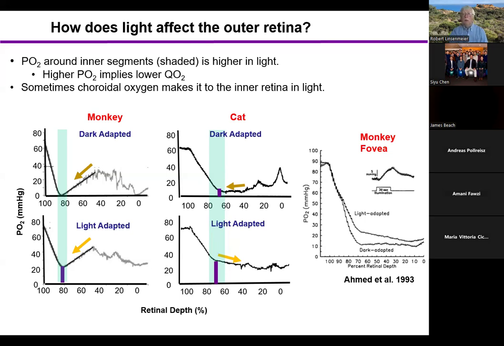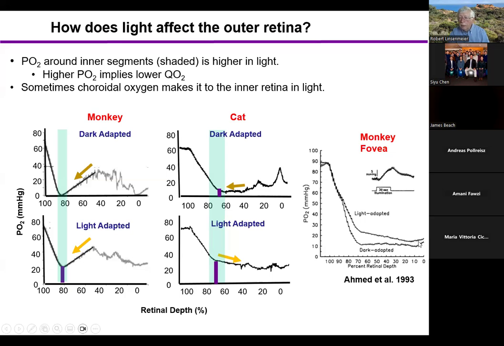You may be wondering what's going on in the fovea where there is no retinal circulation. It's been very hard for us to make measurements in the center of the fovea because, again, we can't see exactly where the tip of the electrode is, and it's going in on an angle. But under the best conditions, we can see that the outer nuclear layer, which would be the inner part of the retina in the fovea, has a relatively flat and linear profile.